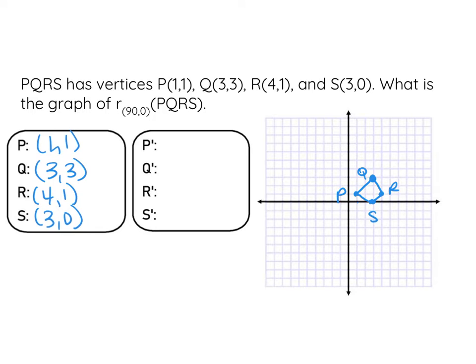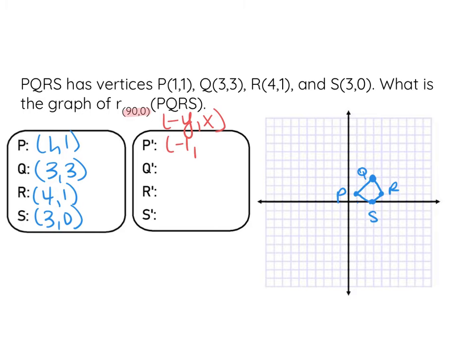And we are going to rotate 90 degrees about the origin. Again, all of our rotations are going to be 90 degrees counterclockwise. So the rule that I wrote down for 90 degrees, I'm going to put that at the top here: opposite of y, x. So what that tells us is I'm going to take my y value for P, which is 1, and I'm going to take the opposite of that. So that would be -1.